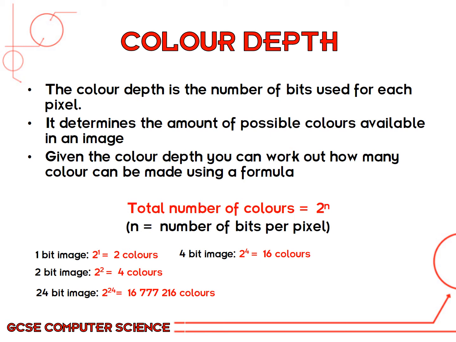The 4 colour image that we looked at before is a 2-bit image, so it will be 2 to the power of 2, which is 4 available colours. When you start getting more bits, there's a massive increase in the amount of colours available. For example, a 24-bit image gives you over 16 million colours.